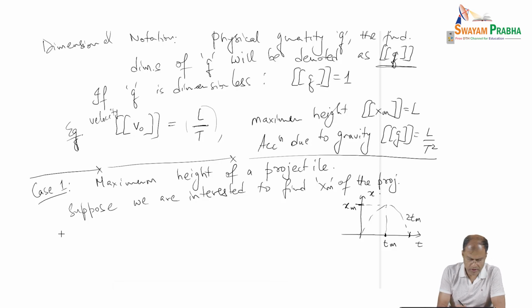Now we see that the only force acting on the projectile is its weight. We neglect any other force such as resistance or any magnetic field and so on, right? So the force acting on the projectile is due to its own weight, so this is minus m times g. And then we can also assume an initial condition.